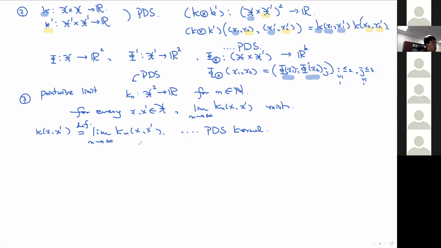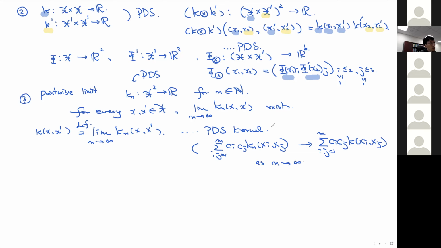That's because for the positive definiteness condition, what we have is that the sum over i, j from 1 to m of ci cj Kn(xi, xj) converges to the sum over i, j from 1 to m of ci cj k(xi, xj) as n goes to infinity.